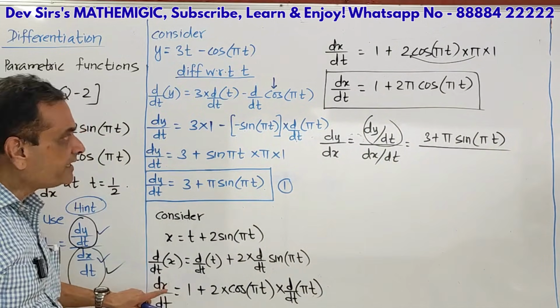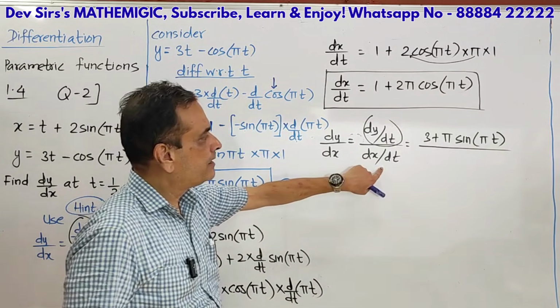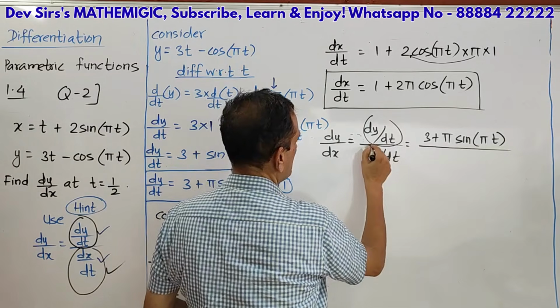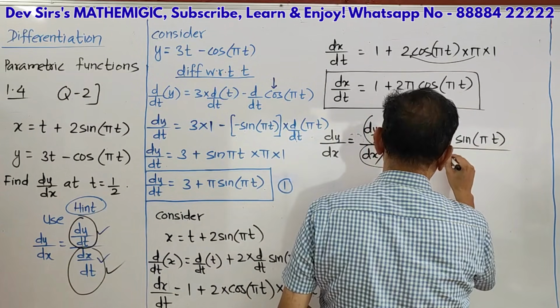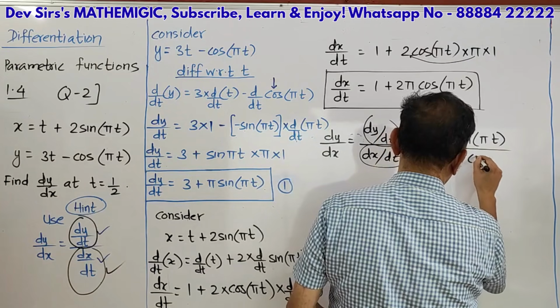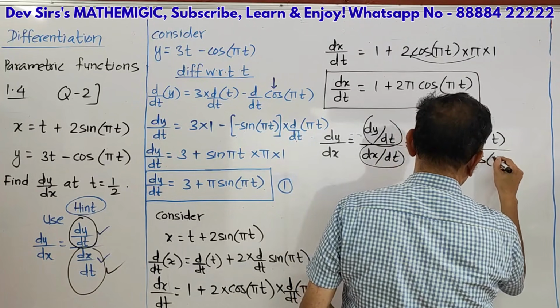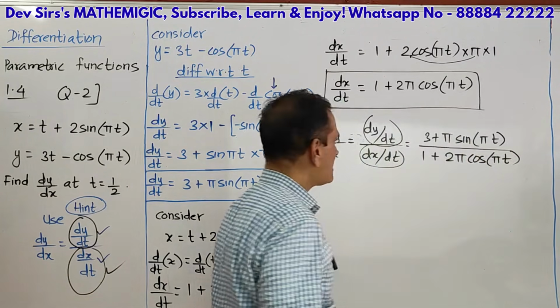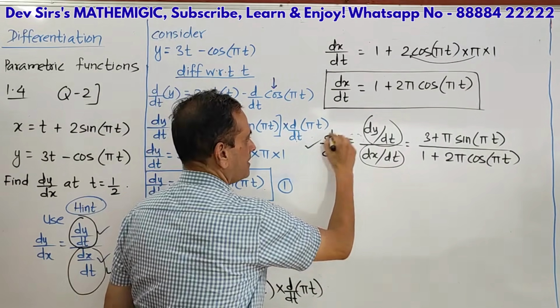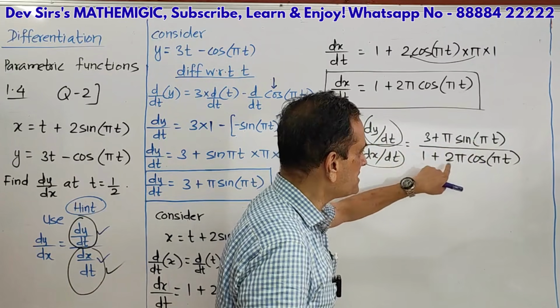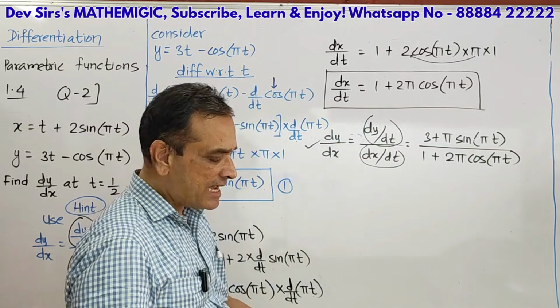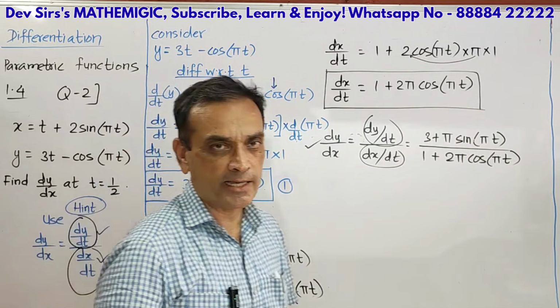What is the answer for dx by dt? dx by dt answer is this. This is our answer for dy by dx. See if you can take anything common from here. No, there is nothing common. Keep the answer as it is, only dy by dx.